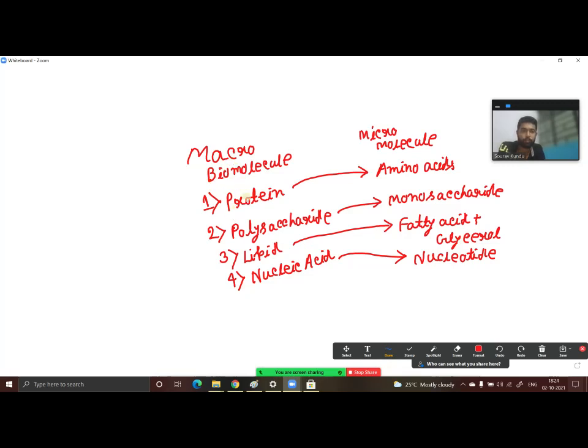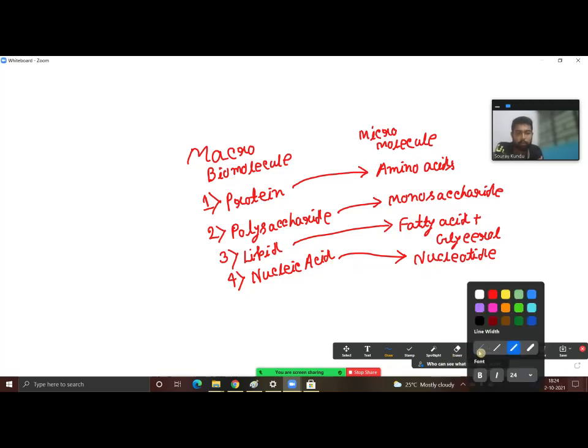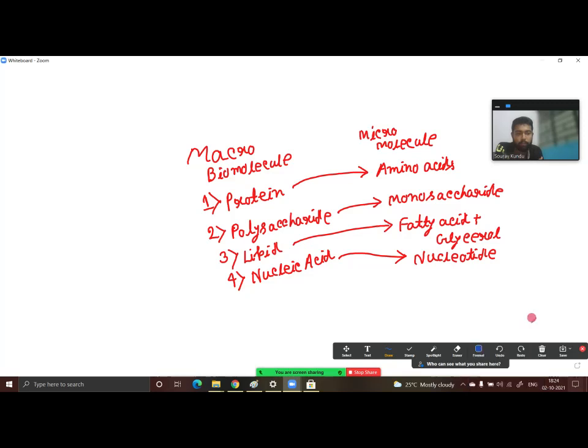First we will be discussing protein and amino acid structures, then we will be going stepwise through the different parts. We need to understand the differences between macromolecules and micromolecules. Macromolecules are the larger and heavier part.